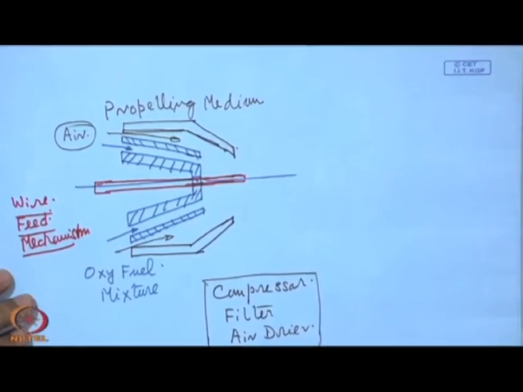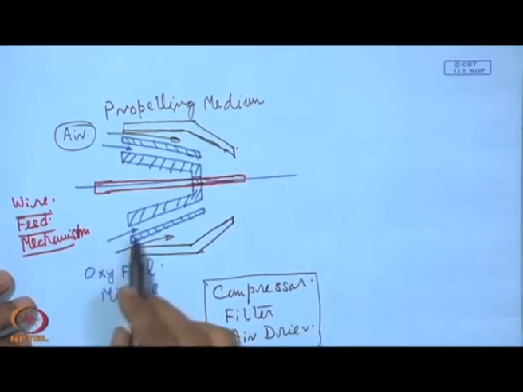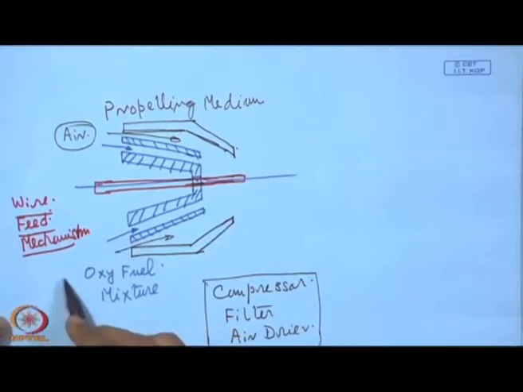So, that is the air flow controller, which should also be there. Similarly, for oxy-fuel also on the upstream side we have 2 cylinders, then we have the pressure regulator and also the flow meter, which continuously meters the amount of oxygen and acetylene in that particular mixture. So, these are all the peripheral units on the upstream side.